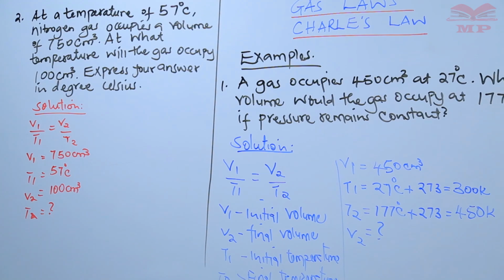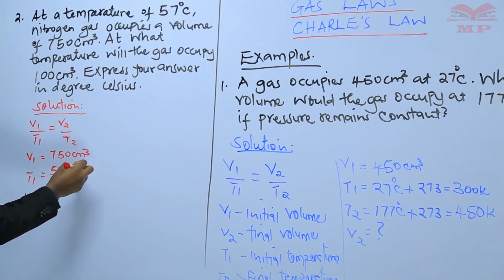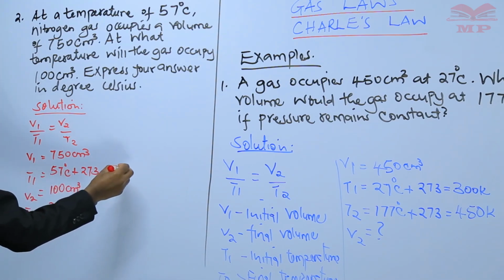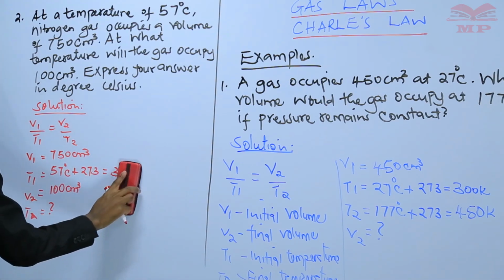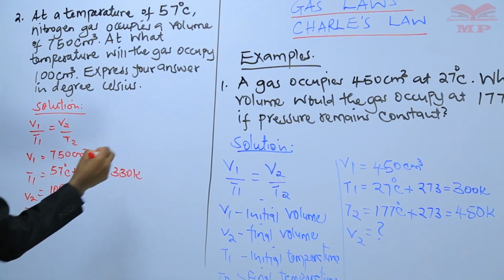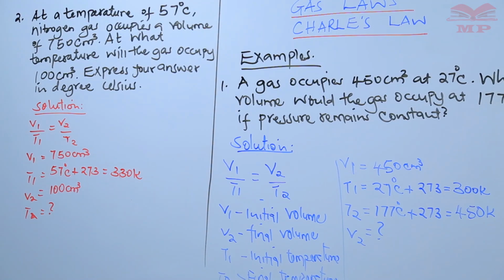Therefore, again, you need to remember to convert the temperature from degrees Celsius to Kelvin. So we add 273. Then 57 plus 273 gives you 330 Kelvin. Don't forget to convert that.